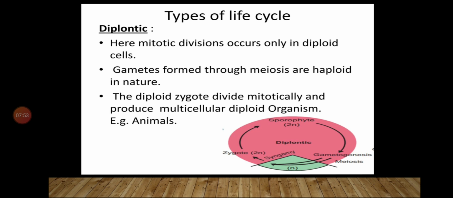Examples for such diplontic life cycles are animals. Such type of life cycle occurs in animals. Meaning first mitotic division occurs, then gametes are formed through meiosis, and lastly the zygote divides mitotically to produce multicellular diploid organisms.